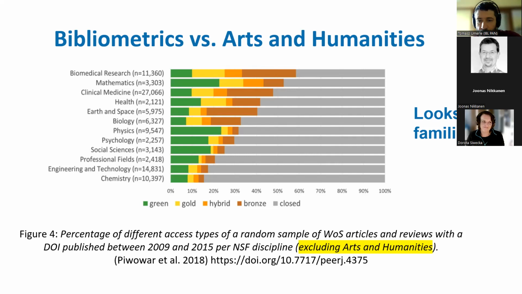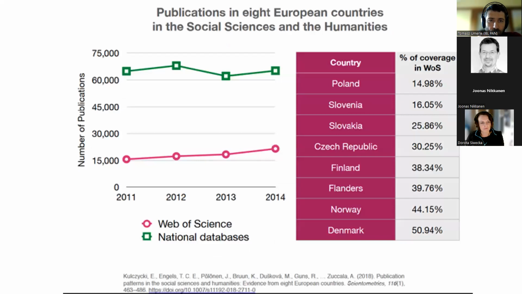So I think the problem is painfully familiar to you, and you already partially mentioned this in your presentation: the problem of citation, how much citation indexes became optimized for DOIs, and whether or not it's the best possible alignment with humanities publication practices. And then there was a quite enlightening study by Emanuel Kulczycki.